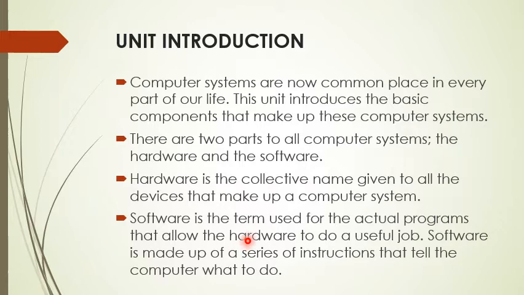Software is the term used for actual programs that allow the hardware to do a useful job. Right now the hardware is itself nothing. It cannot do any work or task for you. Software makes it possible that it will do a job for you.